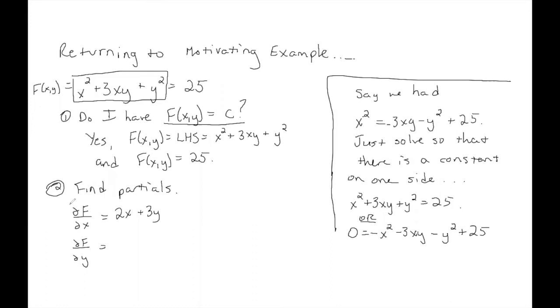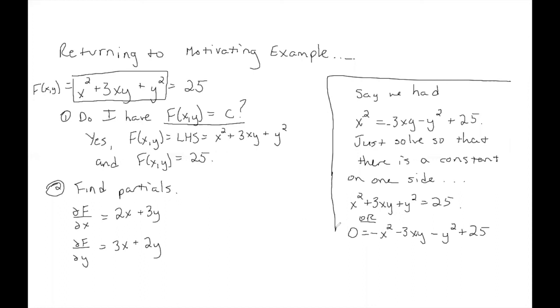But because I'm using these scripty d's, this signifies that I'm taking the partial derivative, meaning anything that isn't an x is a constant, and anything that isn't a y is a constant. So the derivative of x squared with respect to y is 0. The derivative of 3xy with respect to y is 3x, and the derivative of y squared is 2y.